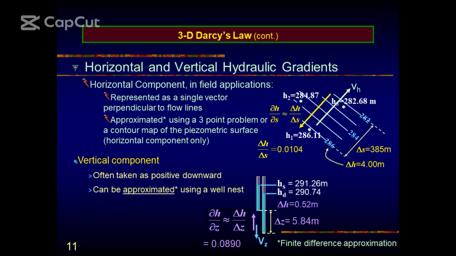So now pictorially we can determine the gradient by taking any two successive lines, isn't it? Here we are given the distance between 286 and 282, which is 385. And the pressure head drop is 4, because 286 minus 282. Am I right?